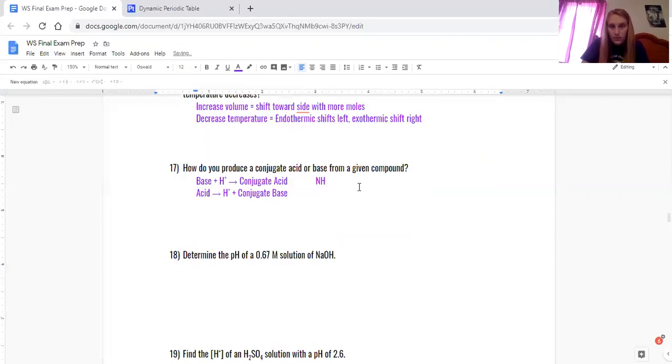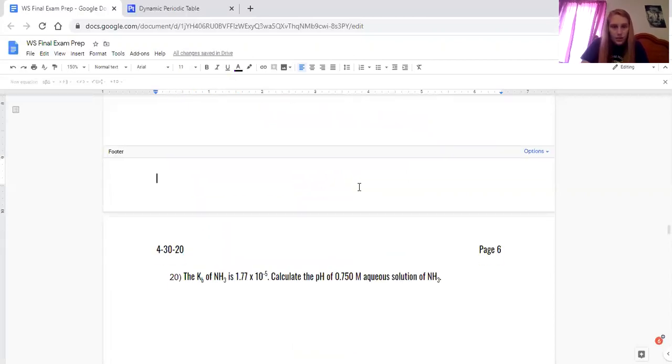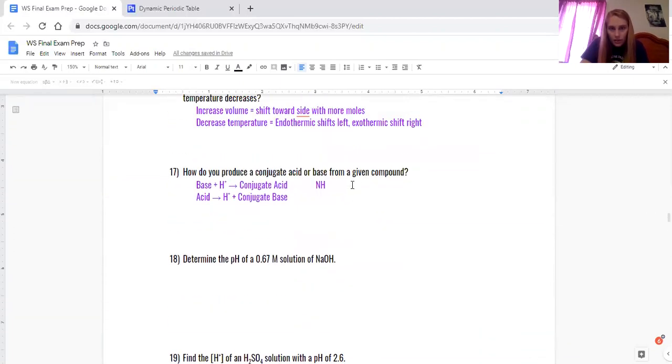Okay, so you have NH3. Sorry, my numlock was off. That's what was messing it up. Okay, and then you add hydrogen, then you're going to end up with NH4 plus.